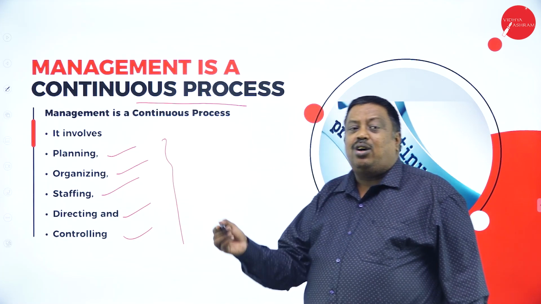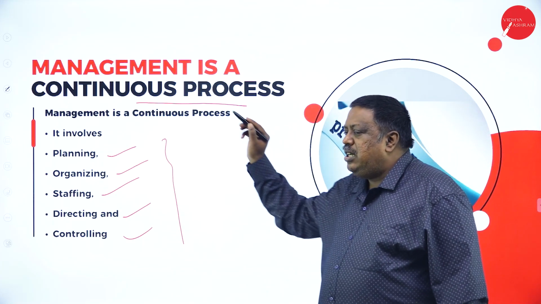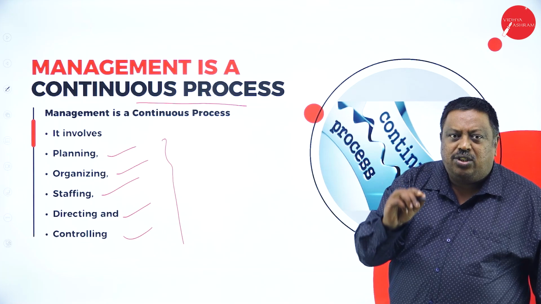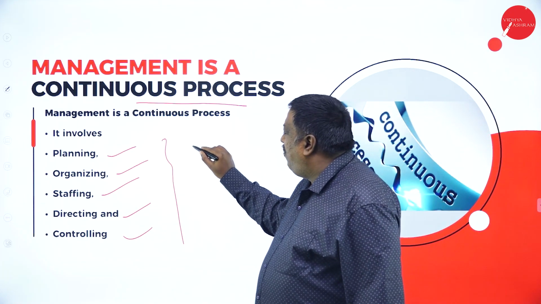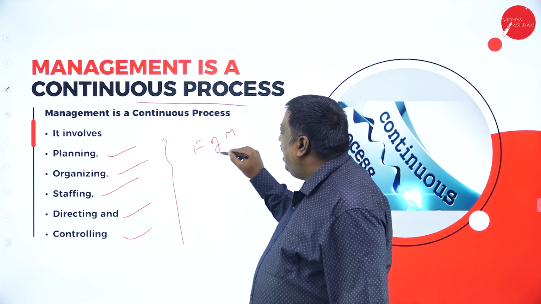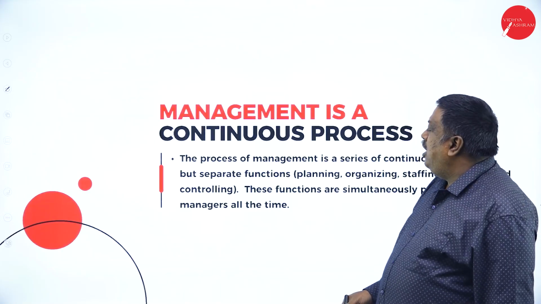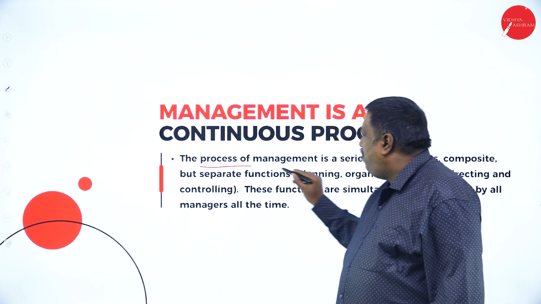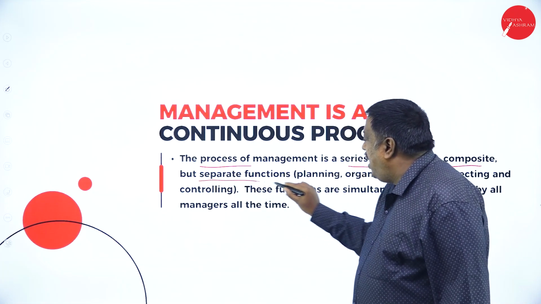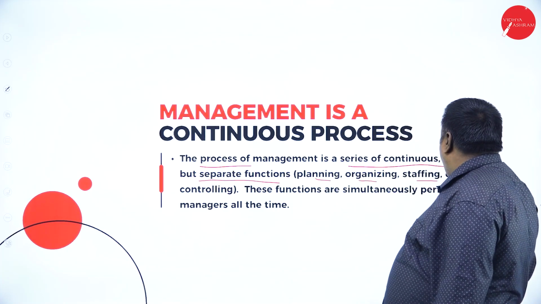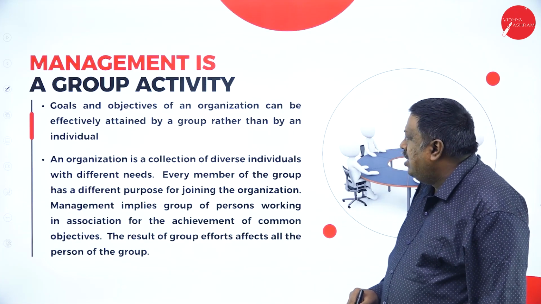Till the existence of the organization and business in the market, management is a continuous process, because in each and every business functional activity, it adopts the functions of management at every time, every place, with every concept. Management is a continuous process because the process of management is a series of continuous, composite, but separate functions. Planning, organizing, staffing, directing, and controlling are used in the organization.